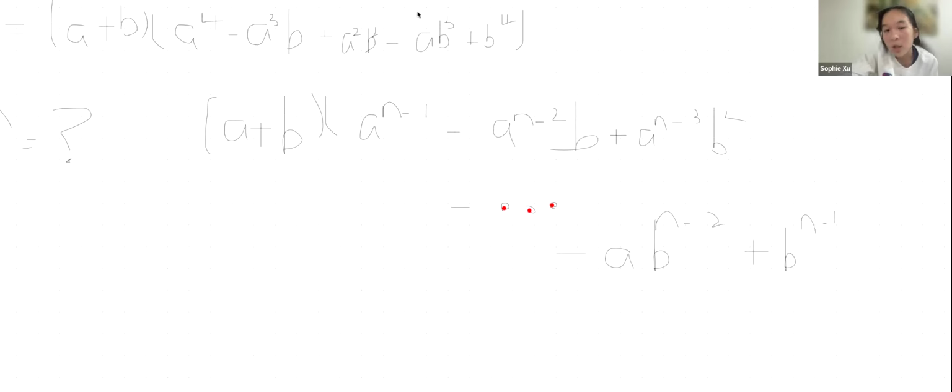What would happen if n was even? Would anyone like to try and explain? Any ideas? No?